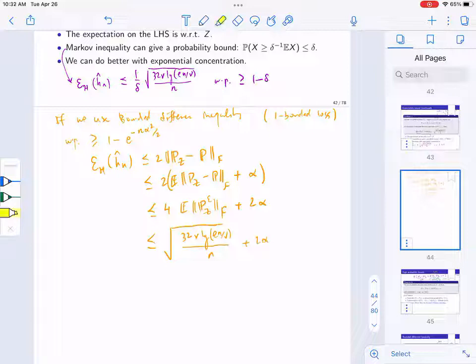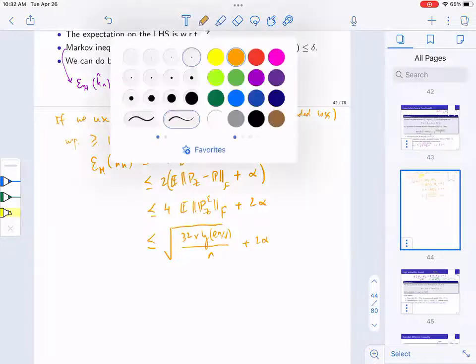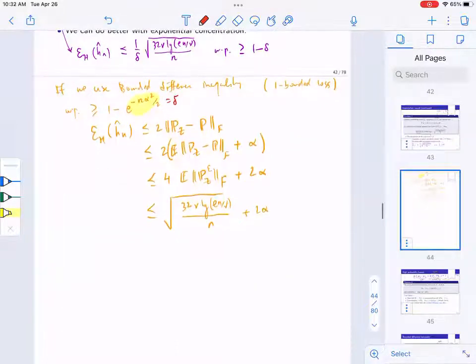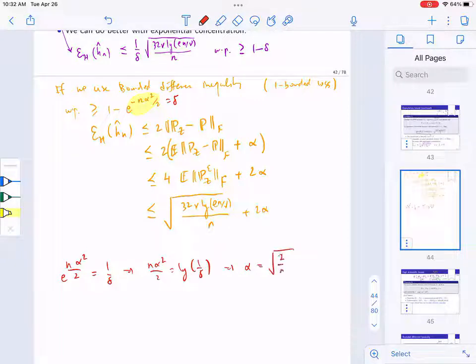Now I want this part to be delta. So let this be delta. What I would get is e to the negative n alpha squared over 2 equals delta, so n alpha squared over 2 is log 1 over delta. And so alpha is root 2 over n log 1 over delta.